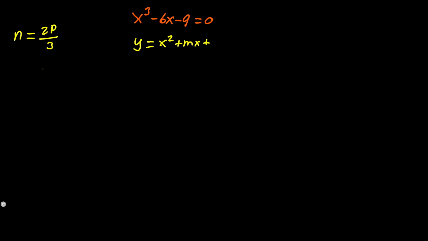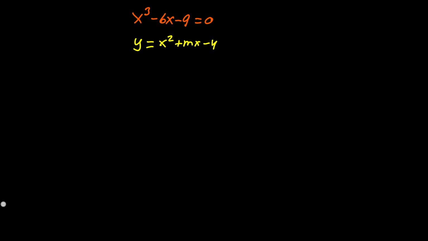Here, p is negative 6, so we have 2 times negative 6 over 3, which is equal to negative 4. So you end up getting minus 4 for n. So here, all we have to do is simply solve for m.